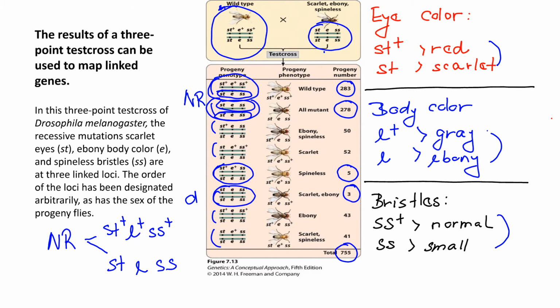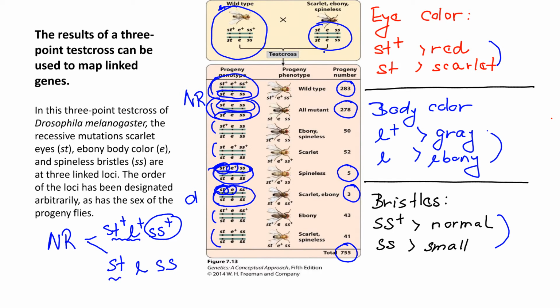Now let's compare it to the double recombinant. In this double recombinant, you have wild type ST, wild type E, which resembles this non-recombinant, and what is different is SS. Here you have mutated SS. Let's compare the second double recombinant. You have mutated ST, mutated E, so it resembles here.